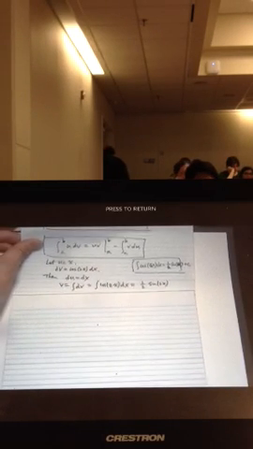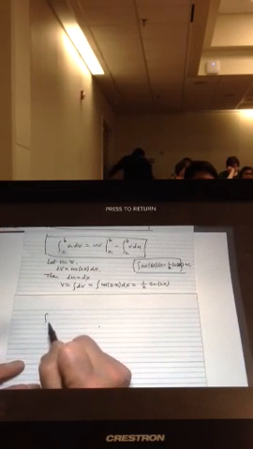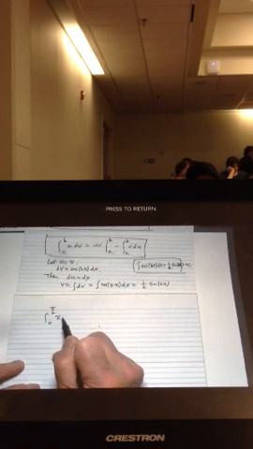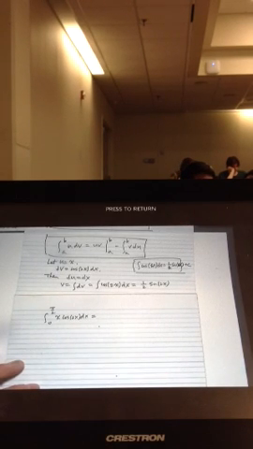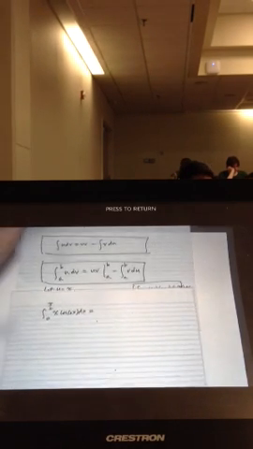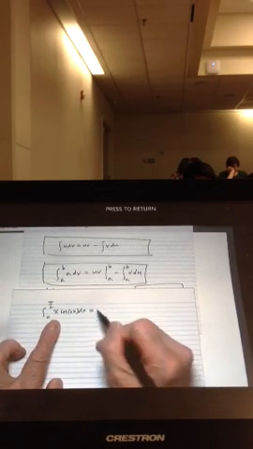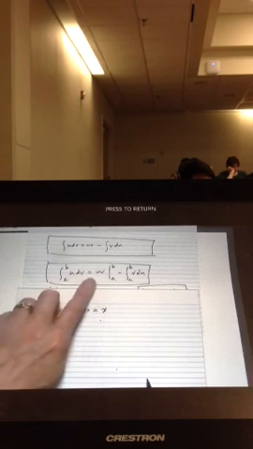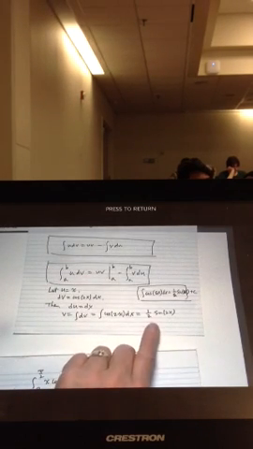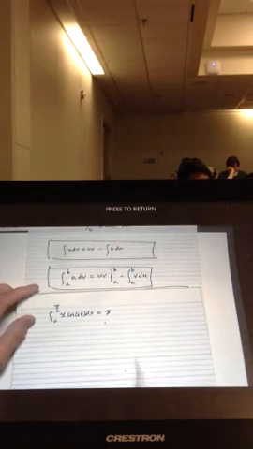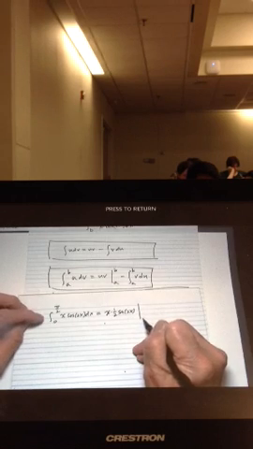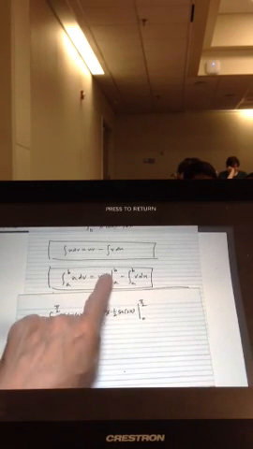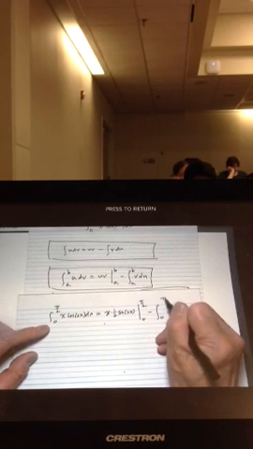All right, so continue on this one. Therefore the integral from 0 to pi over 2 of x cosine of 2x dx is equal to uv, right? What's v? v is 1/2 sine of 2x, so x times 1/2 sine of 2x, evaluated from 0 to pi over 2.